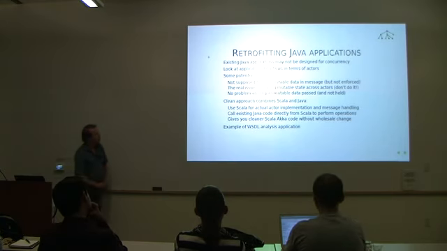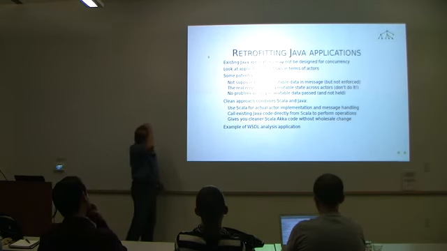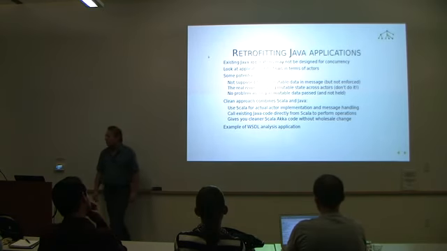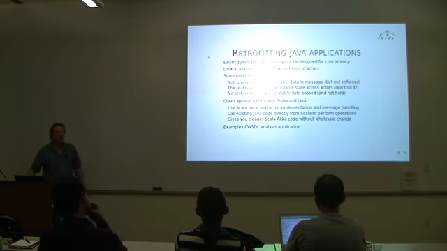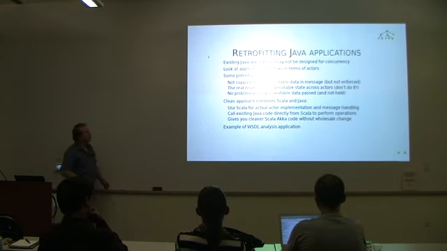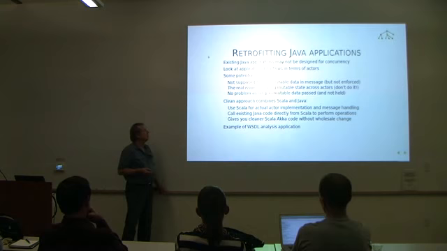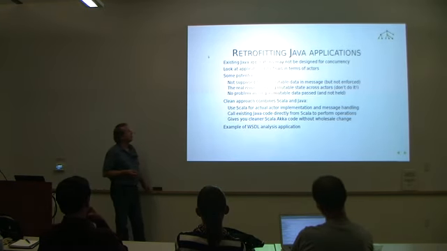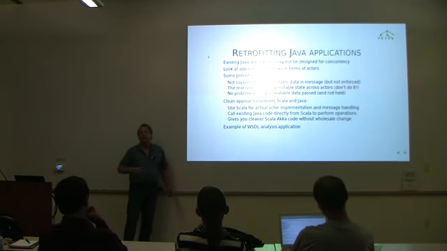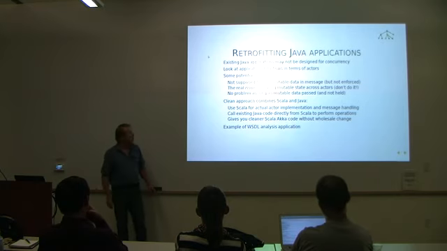Retrofitting Java applications. Well, I had hoped to have an example of this I could show you, but that's still in the works. I'm going to be using it for one of the future articles in my series, so I will get around to it at some point, and I'll update you guys when I do. But from what I've seen and what I've done so far, it seems to me that it's a very good tool for retrofitting concurrency to Java applications.